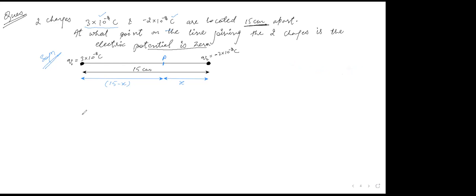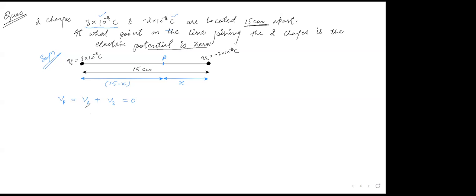So for doing that, we can write the potential at P is equal to the potential due to charge 1 and the potential due to charge 2, which should be 0. Do you understand?